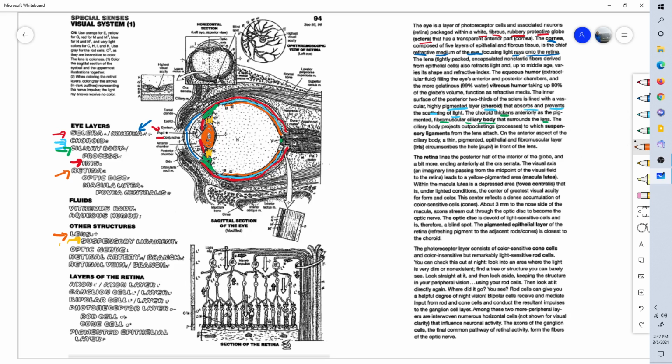The optic nerve, the nerve fibers enter, and the blood vessels, the optic artery and the optic vein, enter the eye. So this is an area that is not photosensitive. You can't see anything here. So it's known as a blind spot. It's known as the optic disc.